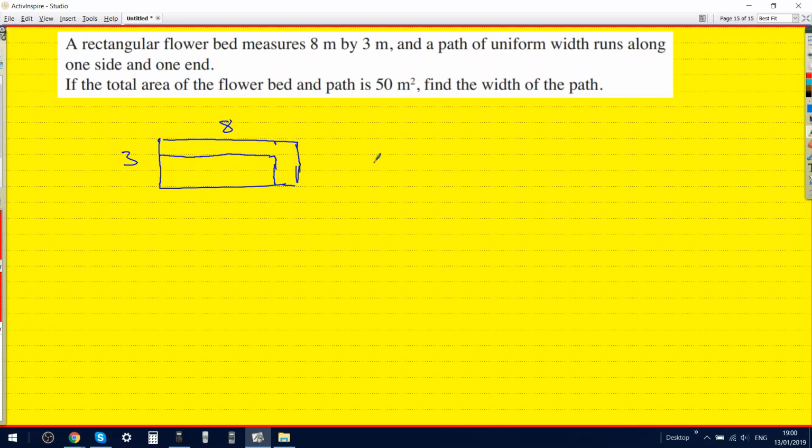Ah, okay. So we have to find the width of the path.